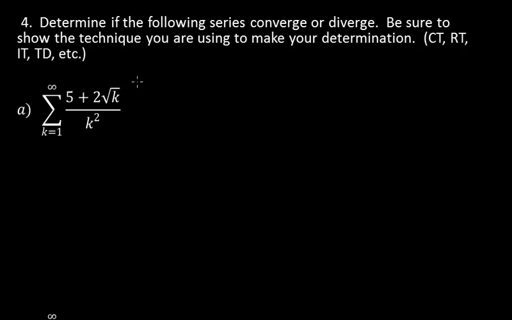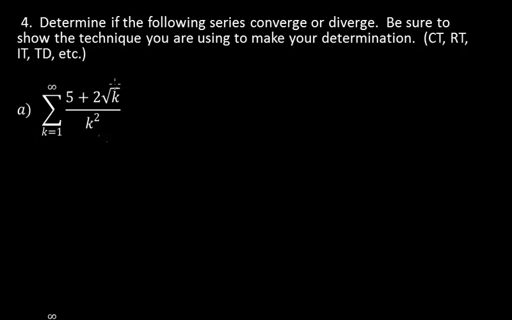Well, first we do notice that the denominator is growing faster than the numerator. This nth term or kth term will go to 0. So we need to test the series for convergence. I think when you just have powers of k on the top and on the bottom, a p-series to compare to is what you want.